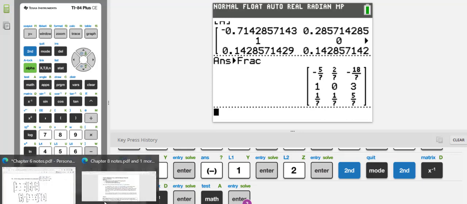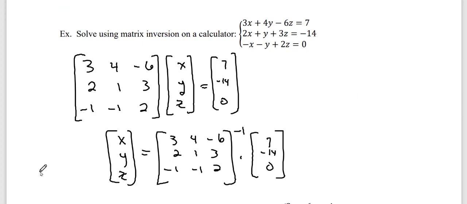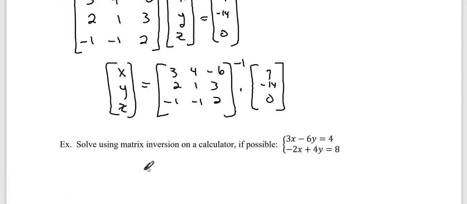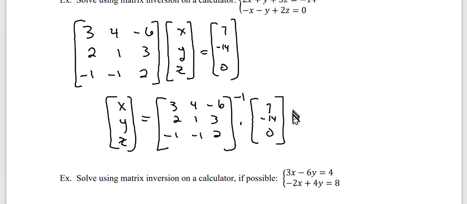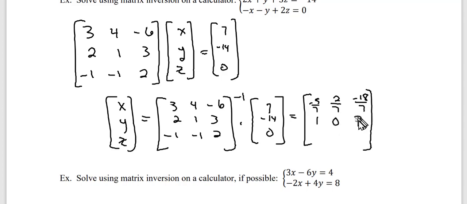Go back to our notes over here. I am going to put that matrix that we just found in place of this inverse. I'm out of space, so I'm going to come here. -5 sevenths, 2 sevenths, -18 sevenths, 1, 0, 3, and then 1 seventh, 1 seventh, 5 sevenths.